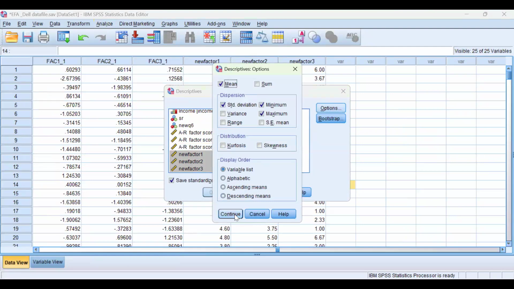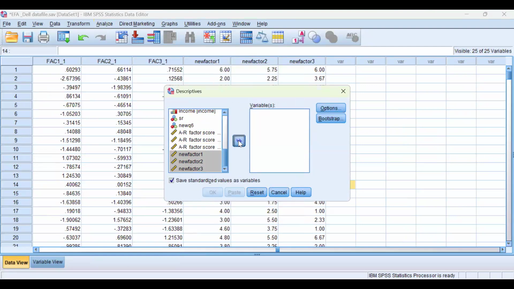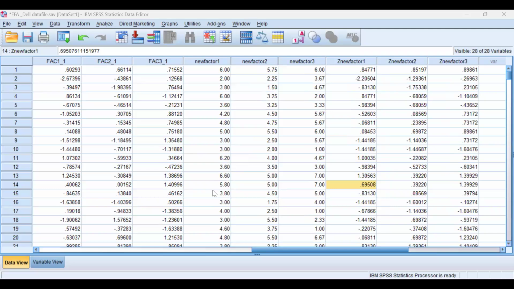Mean, standard deviation. Have the mean value of new factor.